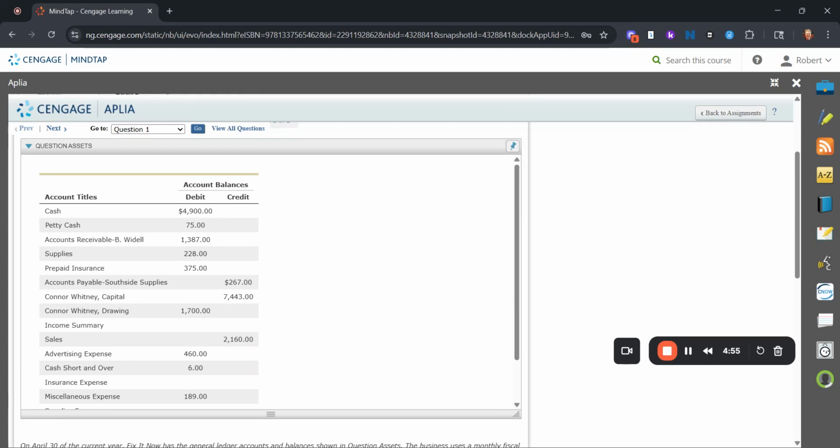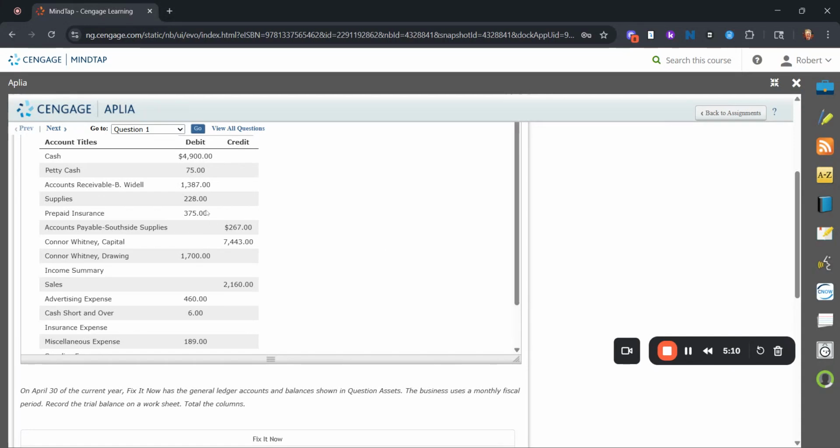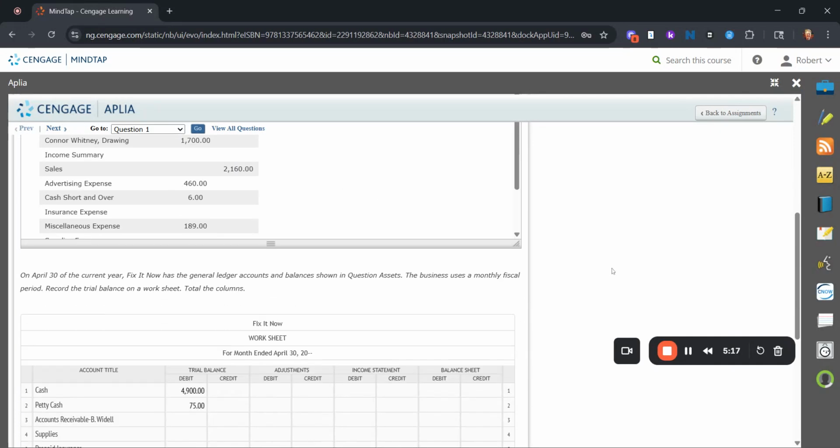So for cash, $4,900, $75 for petty cash. $13.87 for the AR account and $2.28 for supplies.